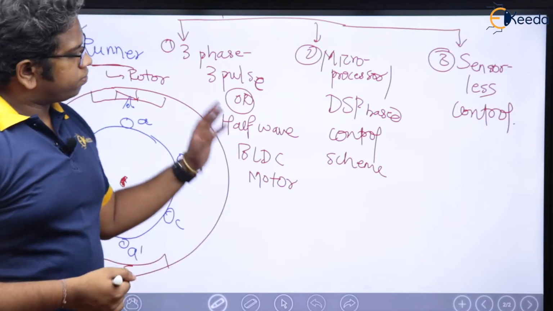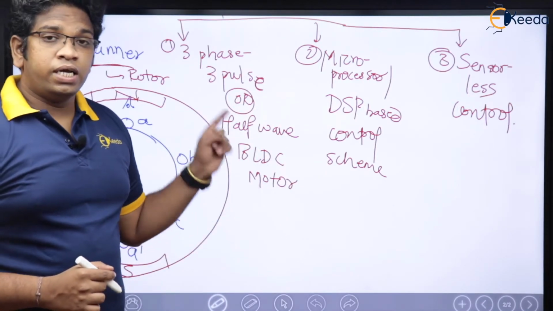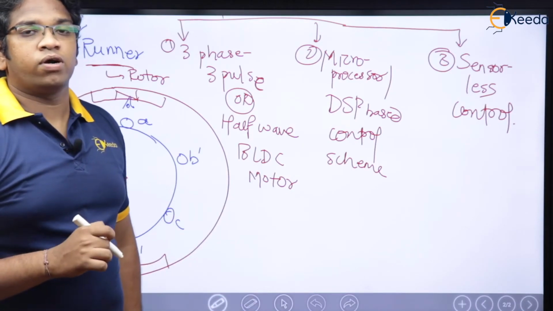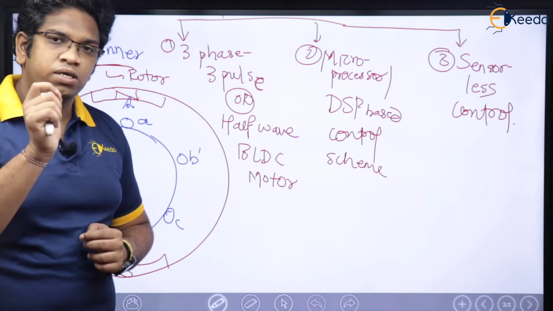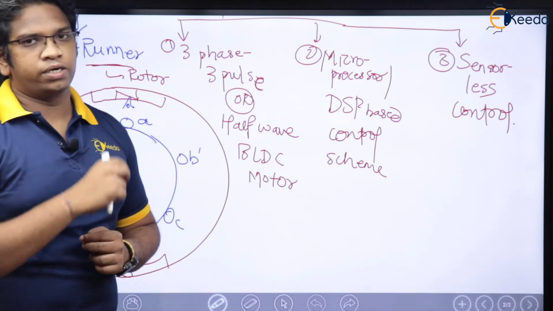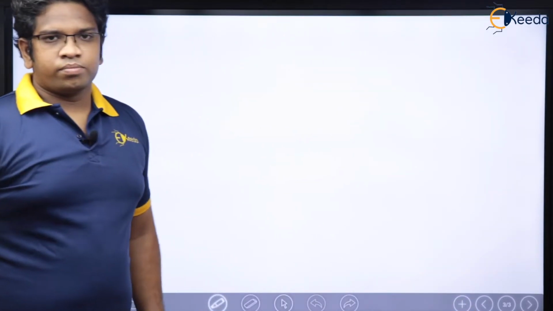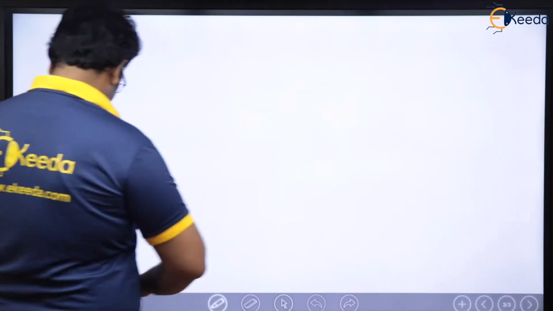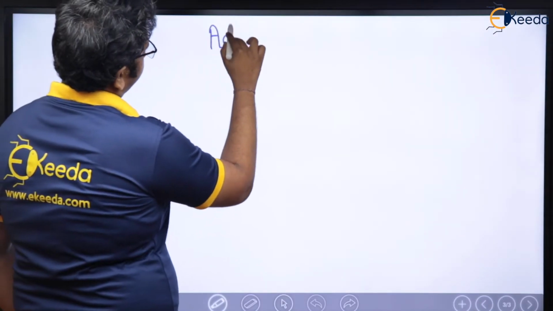By the way, now let us try to understand what are the different advantages, because in case of BLDC motor, you don't have brushes and commutators. So what is the advantage of it? Let us try to see. Yes, so now let us think of advantages.